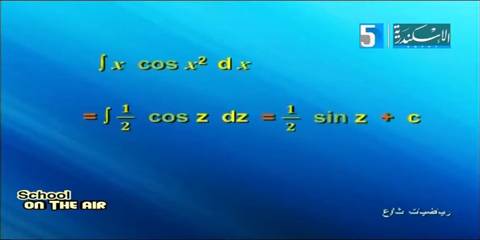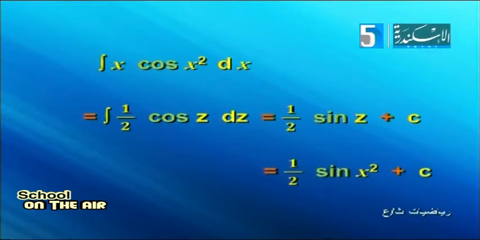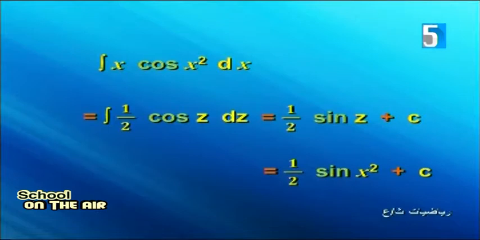Half multiplied by sine z plus the constant c. But the function is in terms of the variable x. Then the integration equals half sine x power 2 plus c. Then the integration of x cosine x power 2 dx equals half sine x power 2 plus the constant c.